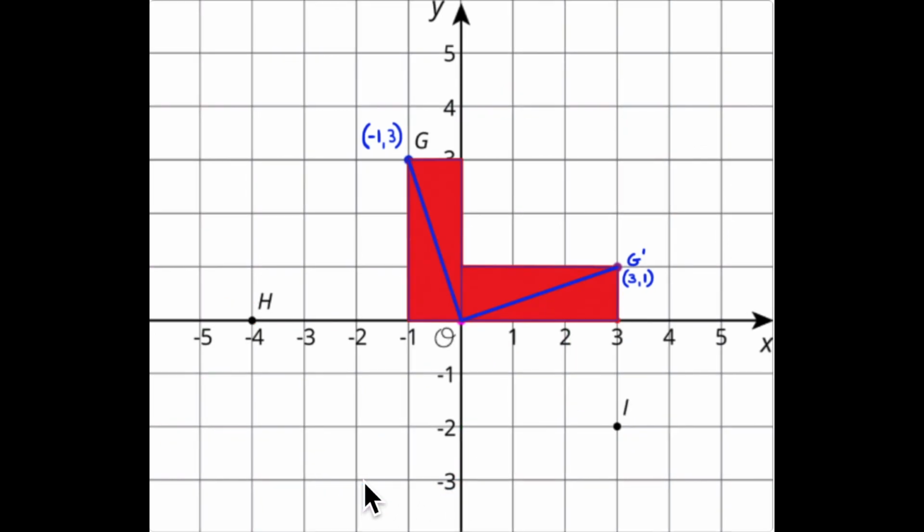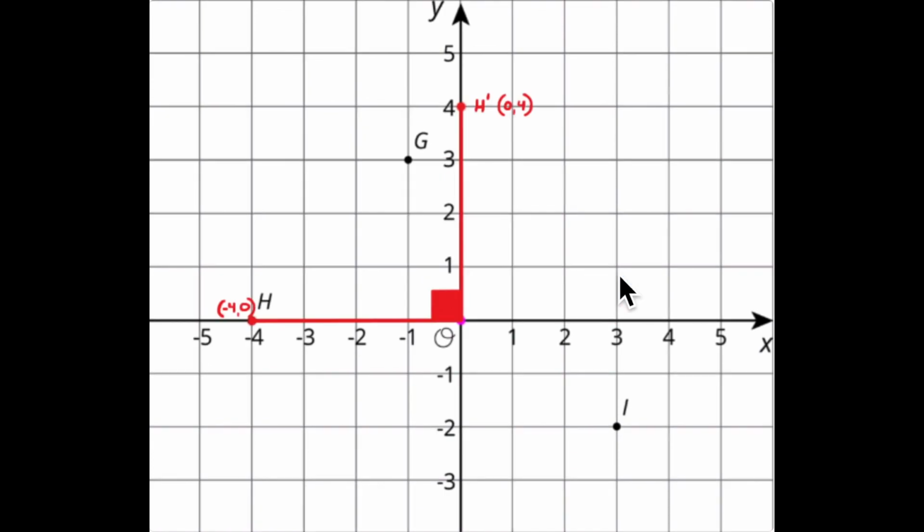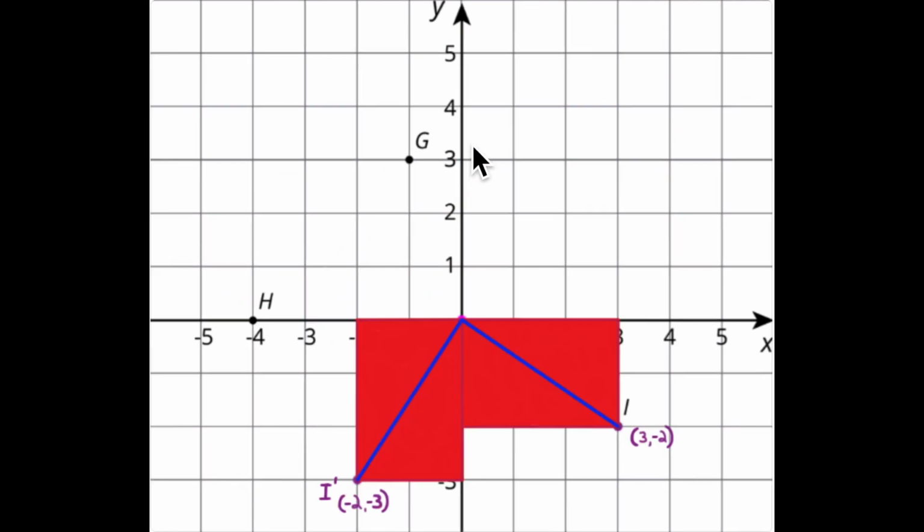Now this might be easier to see if you look at rectangles and look at the diagonals of those rectangles. So this is G to G prime, so this rectangle rotates 90 degrees over to here, and this diagonal also rotates 90 degrees. This is not a rectangle, it's just a line along the axes, but you can see that this rotation is 90 degrees from the x-axis to the y-axis.